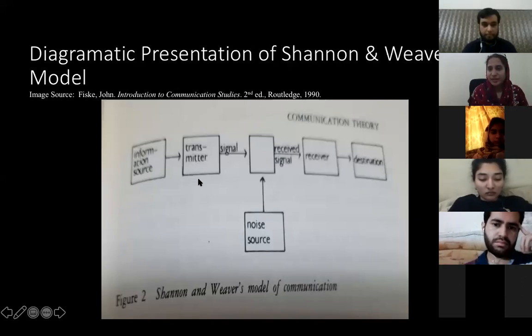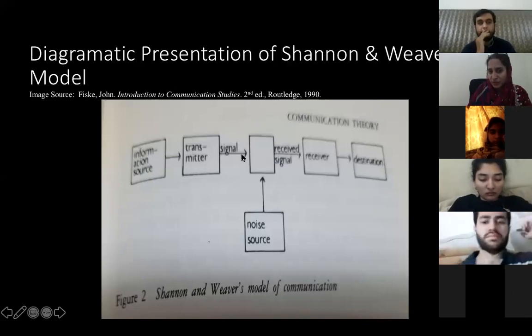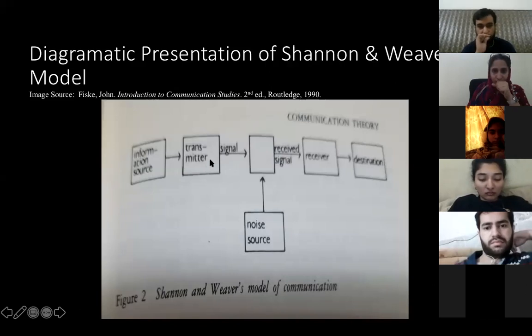So there has to be a device, a radio transmitter or a telephone set. From the source, the information goes to the transmitter and it goes in the form of a signal. You see the signal at the top of the arrow. Here the signal is transmitted, and then the signal is received.